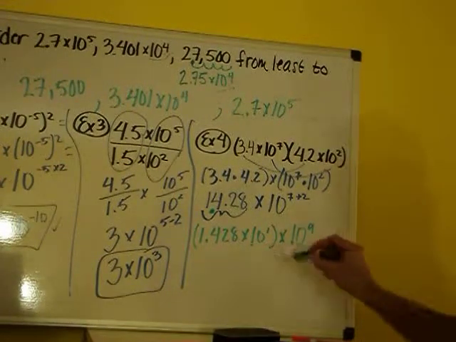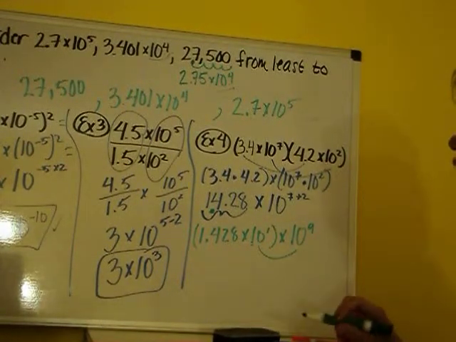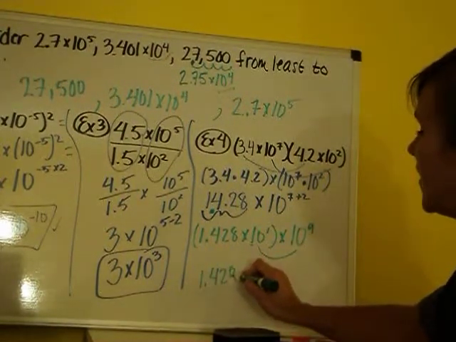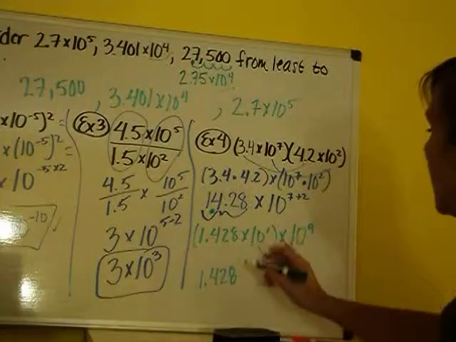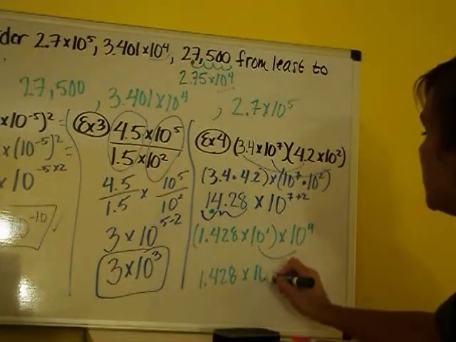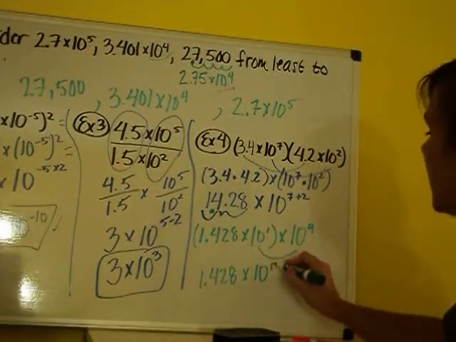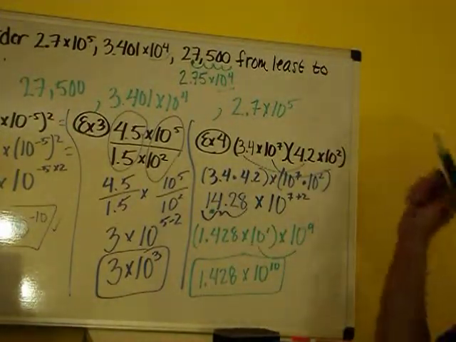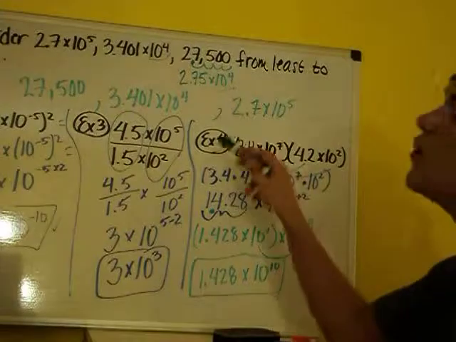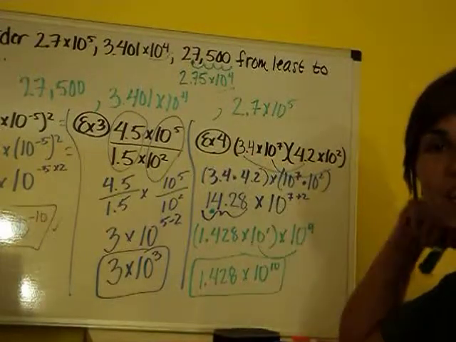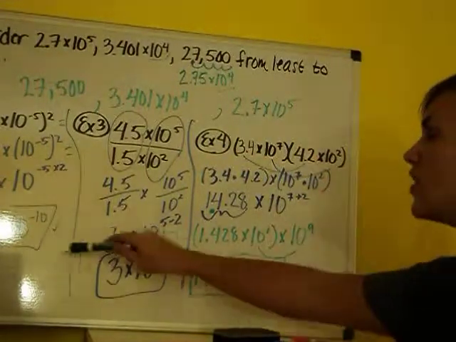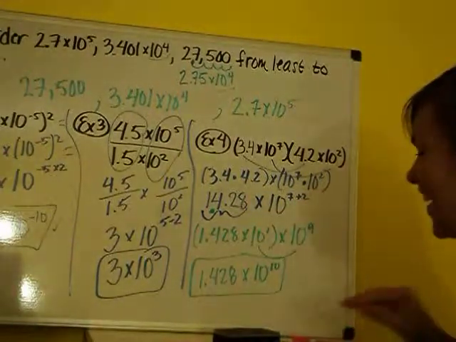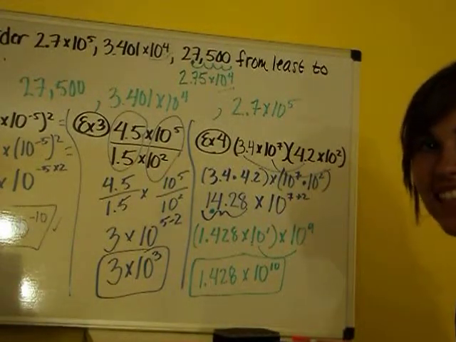Then we are going to multiply our powers of 10, so this number stays 1.428. Now that it is legal and correct, it stays times 10 to the 1 plus 9 is 10th power. There you go. Notice, when you are given problems in scientific notation, answers are also in scientific notation. Alright?